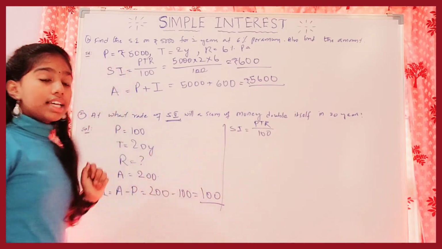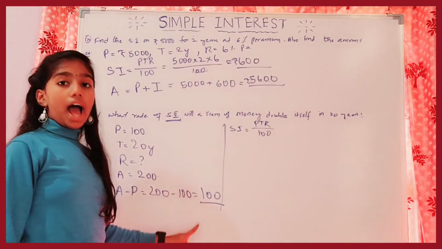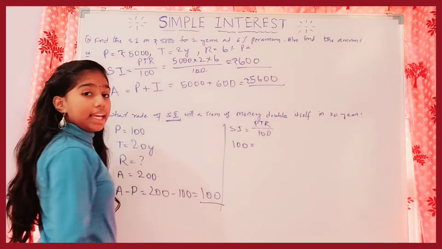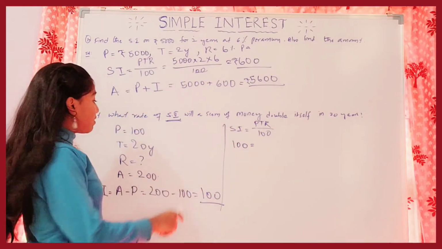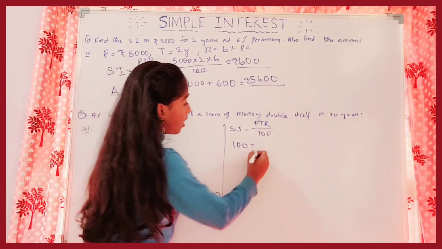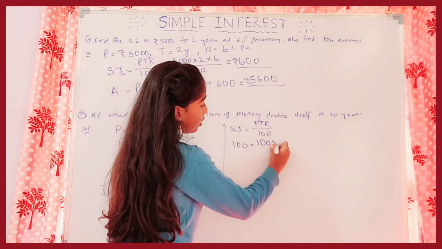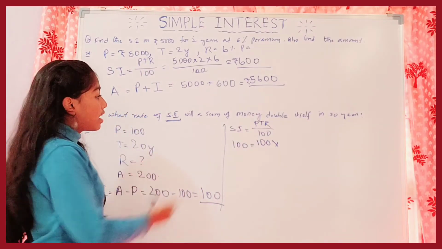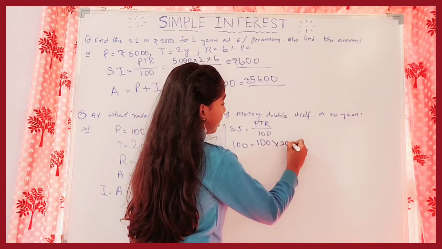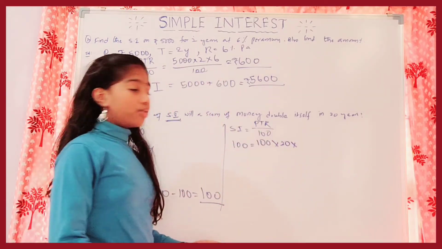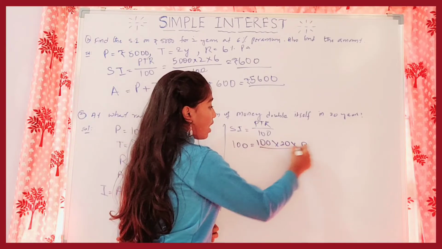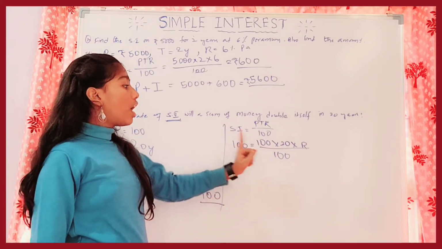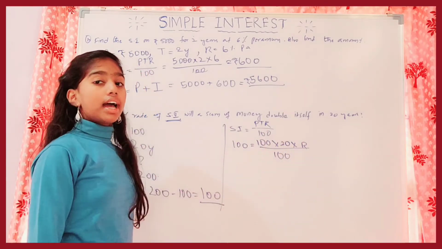So simple interest is 100 rupees, equal to principal, which we already know is 100 rupees, into time, which is 20 years, into rate, which we don't know, so write R, by 100. So 100 is equal to 100 into 20 into R by 100.